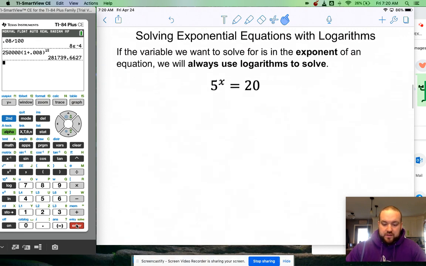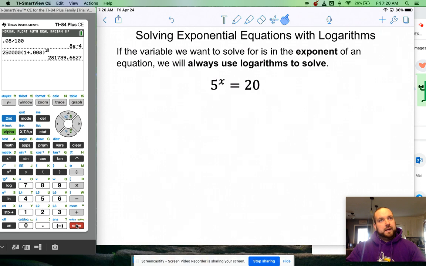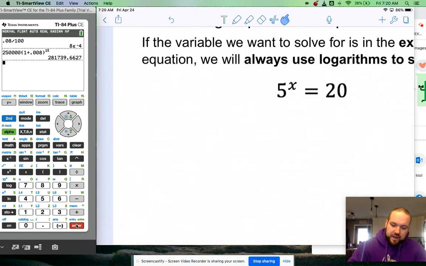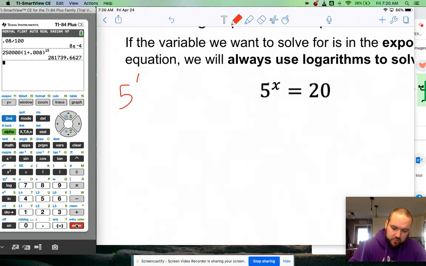So to start with, we're going to start a little bit simpler. Let's just look at an example exponential equation like 5 to the x equals 20. So 5 raised to what power equals 20? Well, I know 5 to the first power is 5, and 5 to the second power is 25.